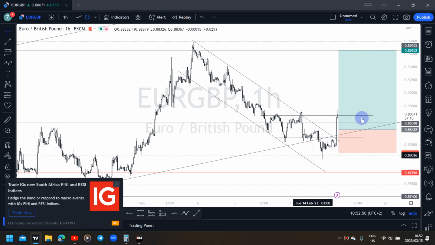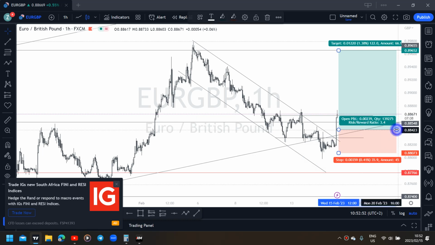So as you can see, this is the position that I would cater for with a good risk to reward ratio of 3.4. So that is 3.4 times your risk.